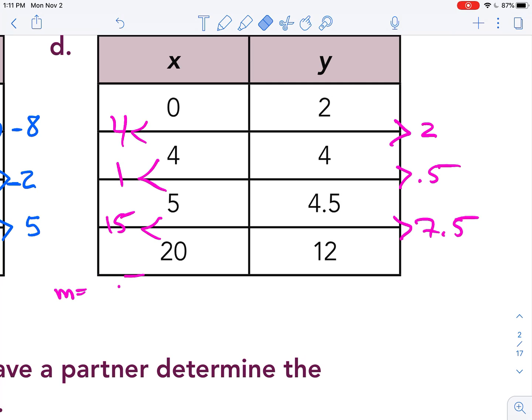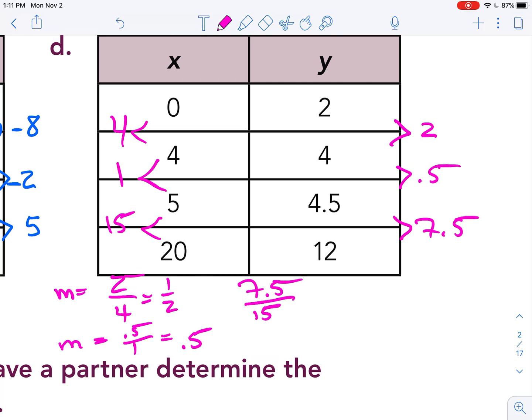So when I do this, I have 2 over 4, which gets a half. I have 0.5 over 1, which is, again, a half. And then I have 7.5 over 15, which amazingly is still a half.